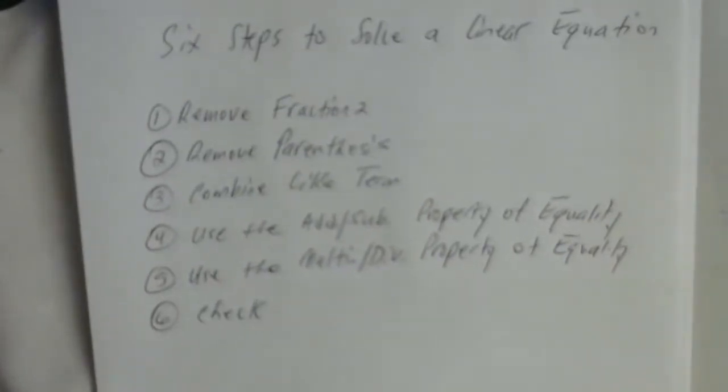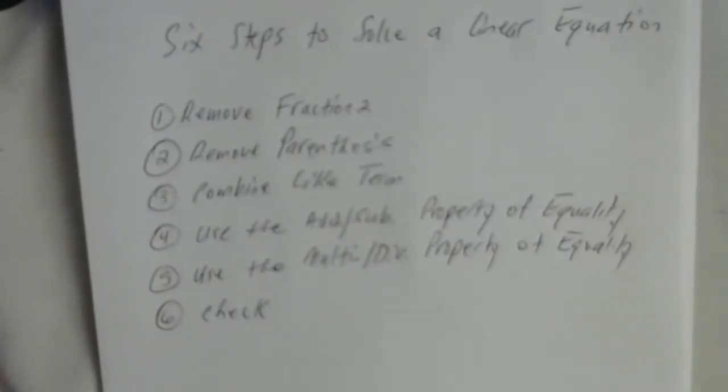So here are the 6 steps to solve any linear equation. Now keep in mind that a linear equation would be any equation that has variables that are not raised past the first power. I'll go into further detail on what a linear equation is in a sec.